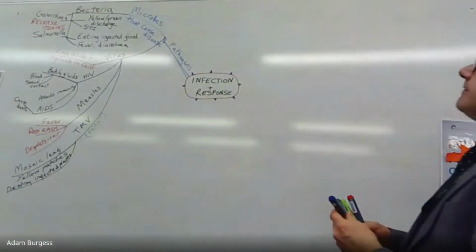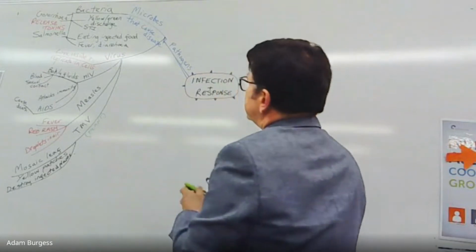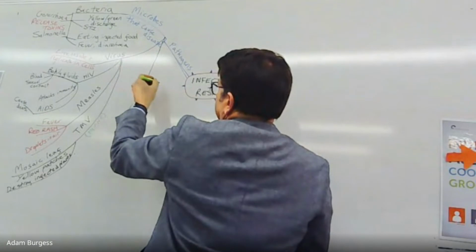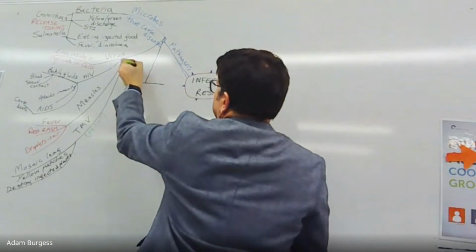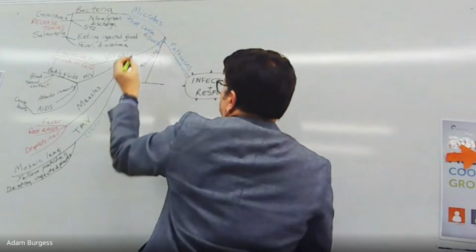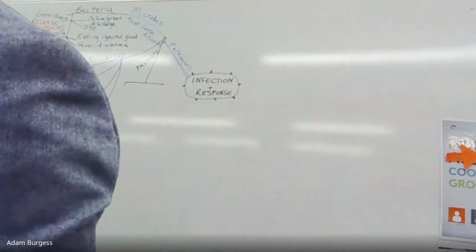Okay, so far we've got bacteria and viruses. The next one we're going to go for is protists. And there's only one type of protist you need to know about, and that's something called Plasmodium that causes malaria.